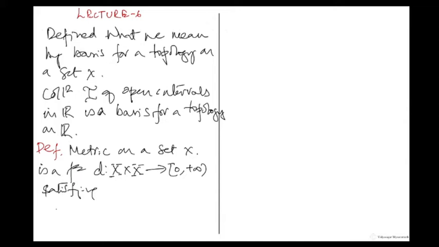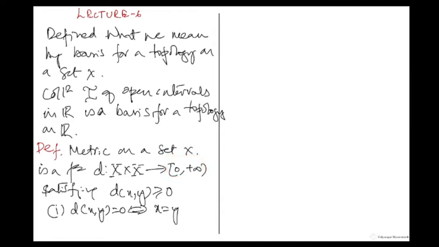The first requirement is d of x, y is 0 if and only if x equals y. By definition, d of x, y will always be greater than or equal to 0 because that is our codomain.